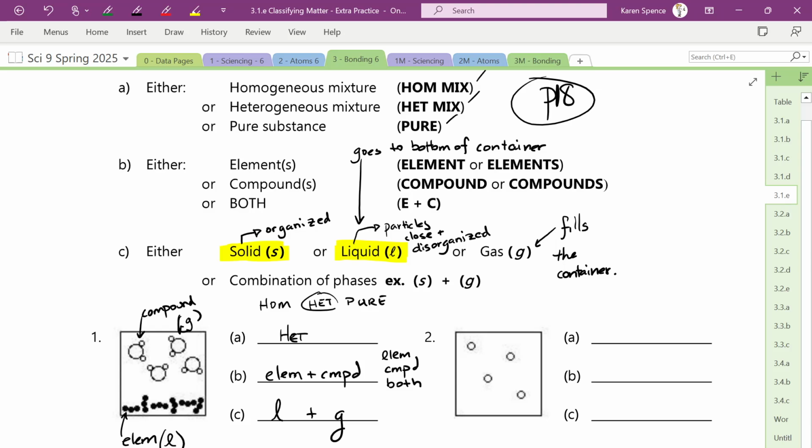Well, if you look at the example, tell me about each particle. How do they compare? They're all black.